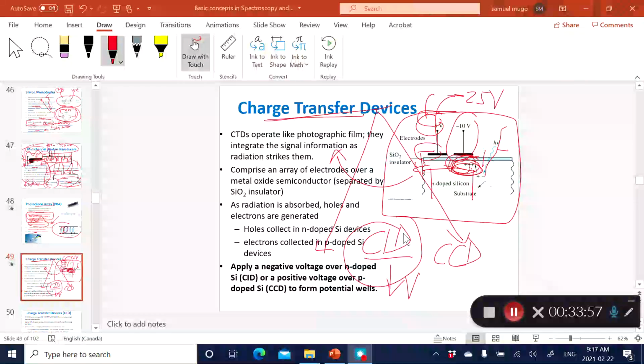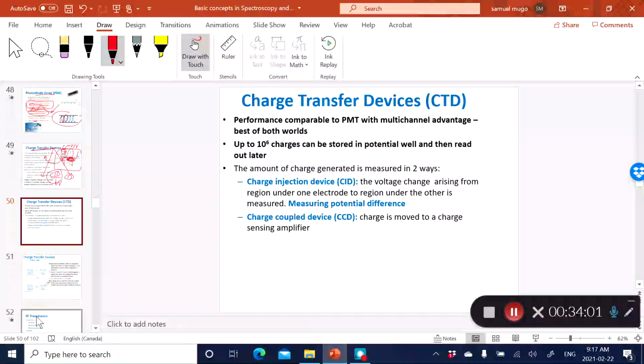In CCD, you're measuring the charge. And so as I've said, with the CID, you're measuring the voltage change as you move the holes or the electrons. And with the CCD, you are measuring the charge as you move those holes or the electrons to a charge sensing amplifier.